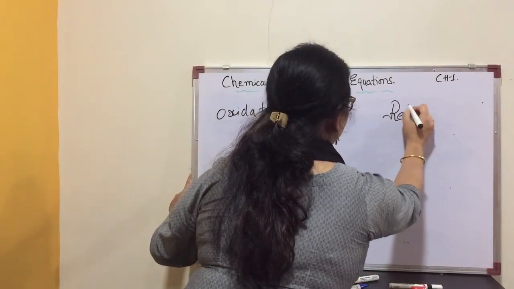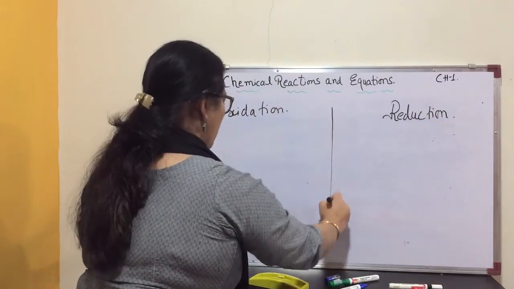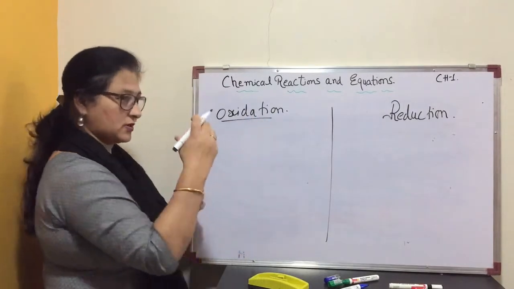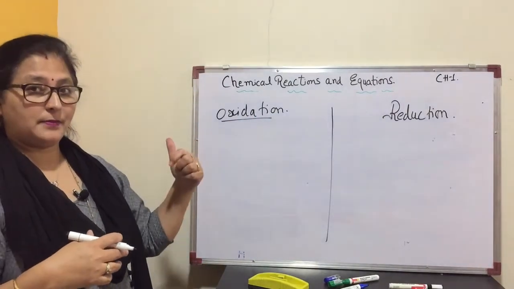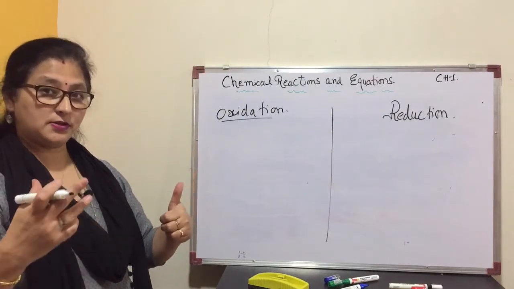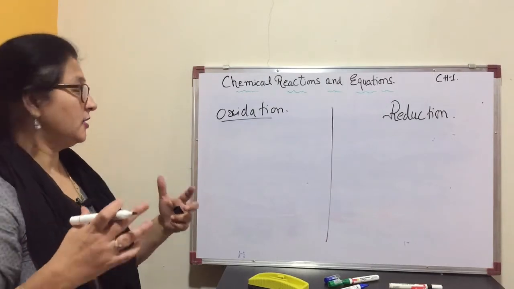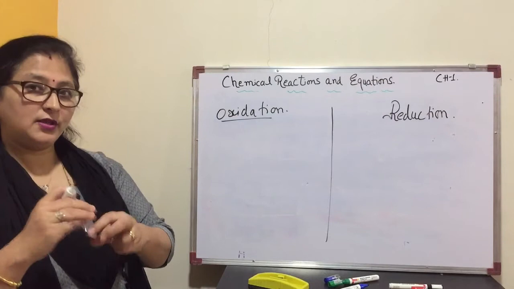In your syllabus, it is very simple. Okay, oxidation takes place in the presence of oxygen. You remember the very first reaction, Mg plus O2. Magnesium ribbon was burned in air. So what happened over there? Oxygen got added, combined with magnesium.